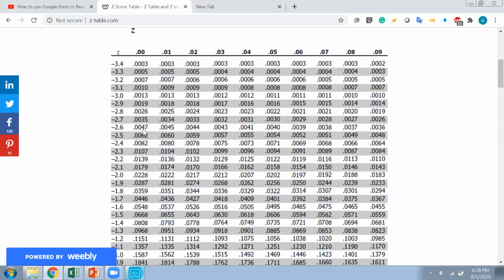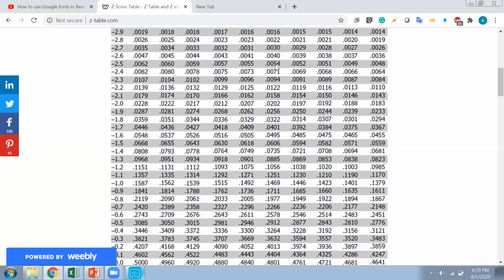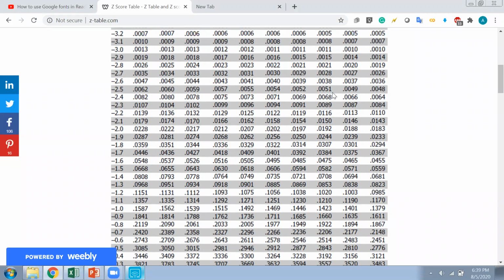Let's see. 0.0045, 0.0059, 0.0049 and 0.0051. So any of these values we can take, 51 also or 49 also.